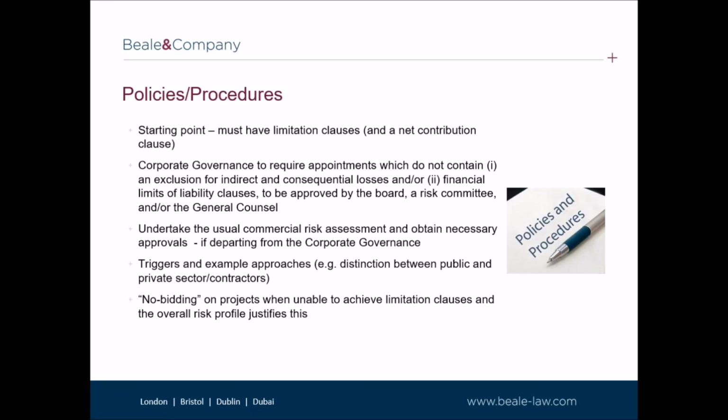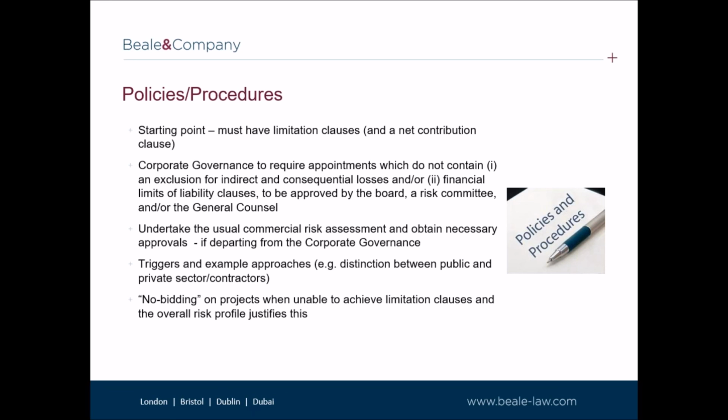Usually, corporate governance policies and procedures require appointments which do not contain an exclusion for indirect, consequential loss or financial limits of liability clauses to a given minimum to obtain approval from the board, a risk committee, or, say, the general counsel.